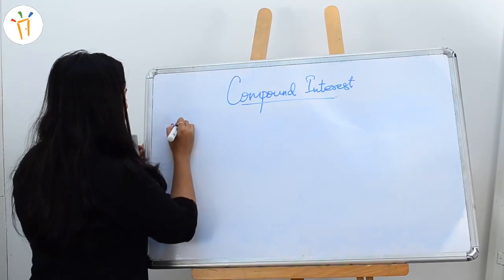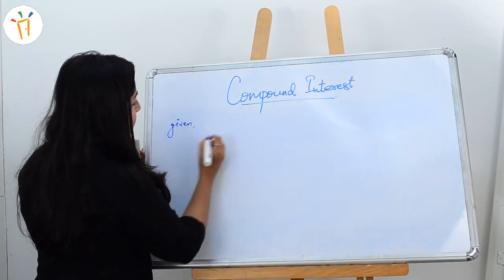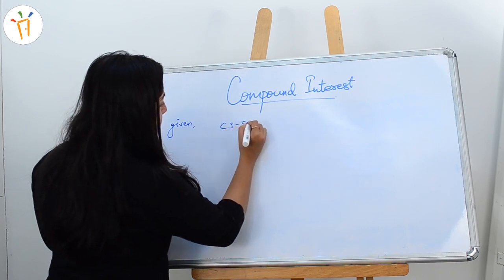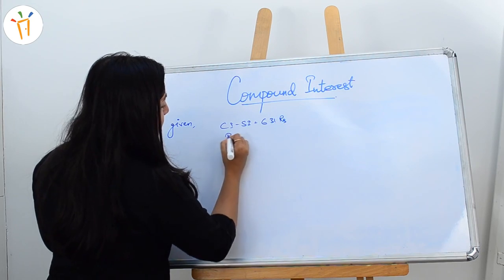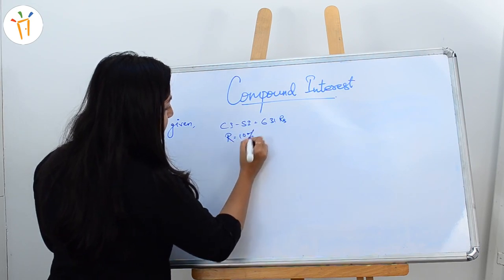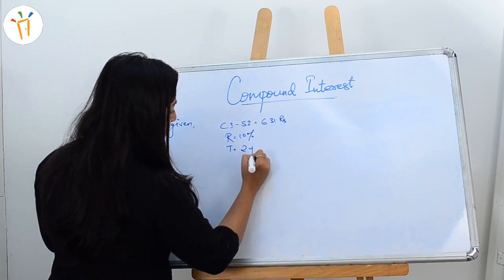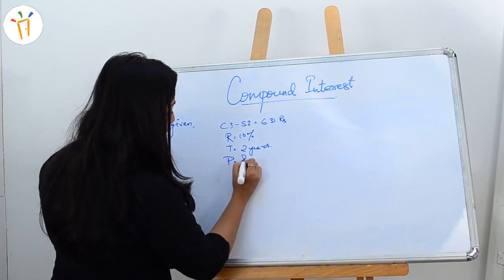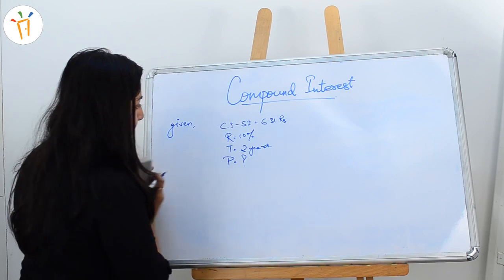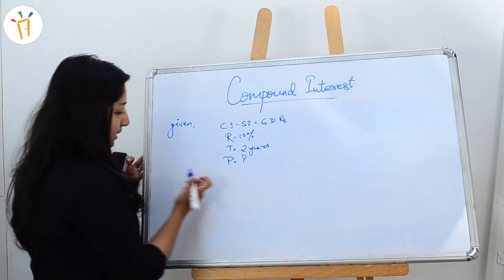So given values are CI minus SI is 631 rupees, rate is 10%, time is 2 years, and what we need to find is the principal P.